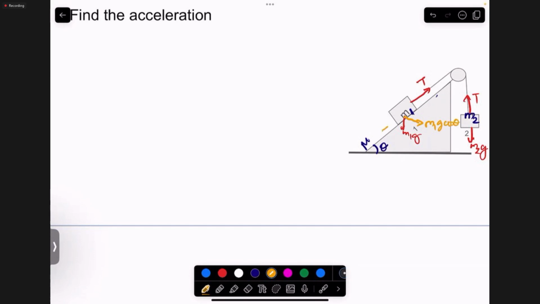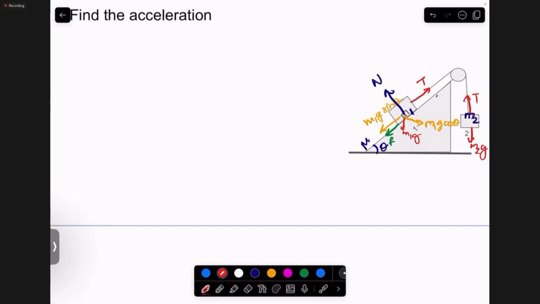This will have a component M1G sin theta, and another normal reaction here. And since this is kept over a rough surface, what will happen? There is friction acting to oppose this motion of this block upwards.